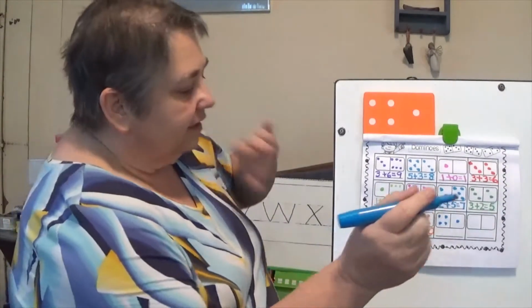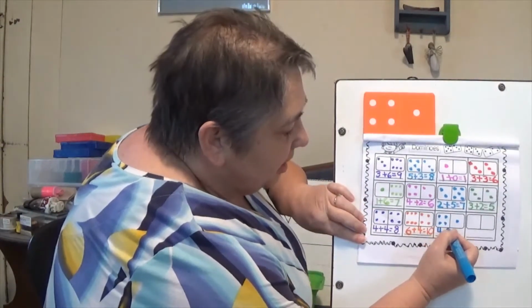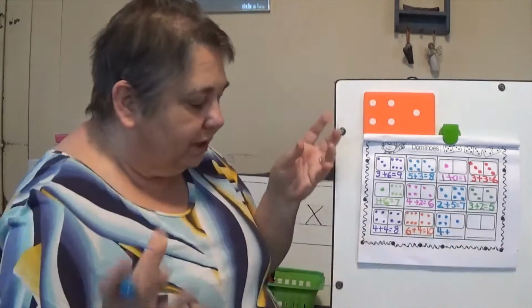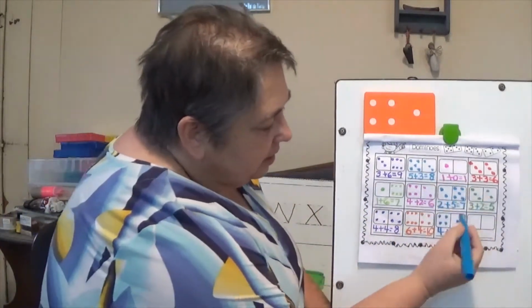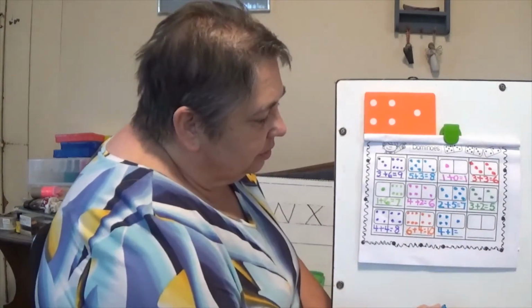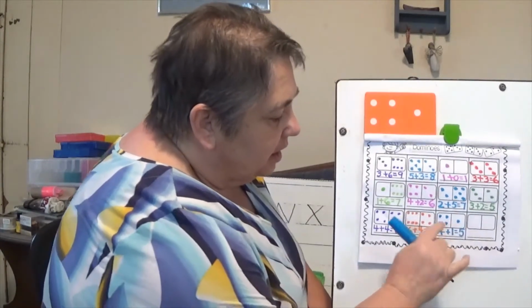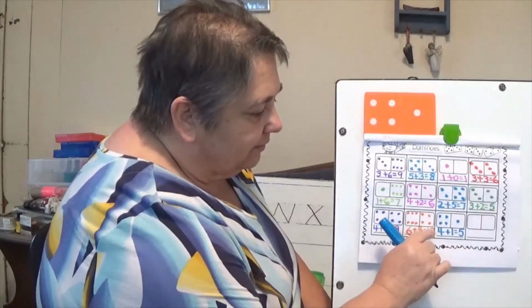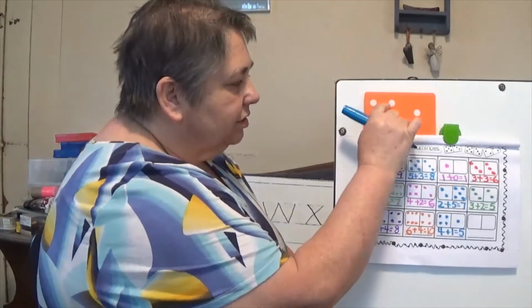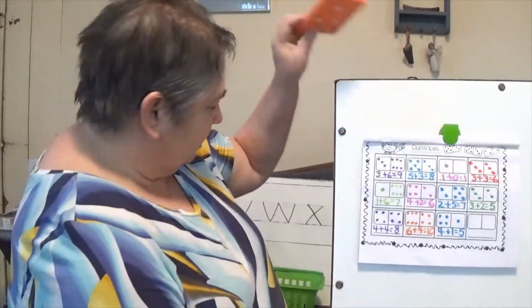Okay, Mia, tell us what we need. 4 plus, that's right, because we're putting together, so we'll use this plus sign. 1 is equal to 5. Okay, let's check and see. 4 plus 1 is equal to 5. 1, 2, 3, 4, 5. That is correct. Thank you, Mia.